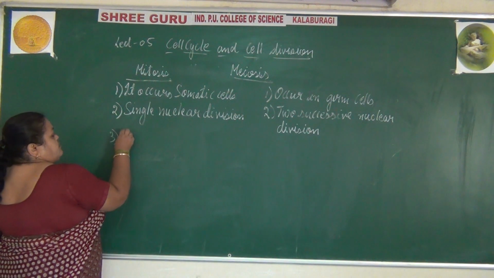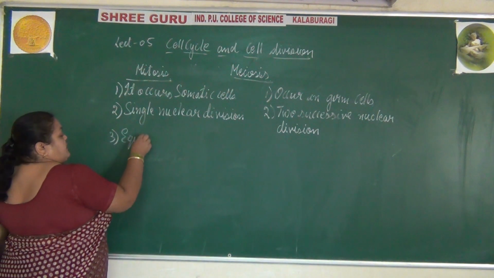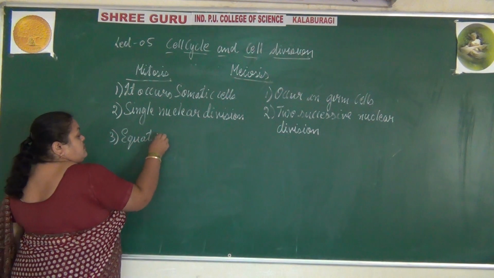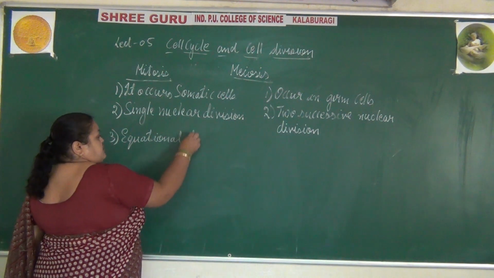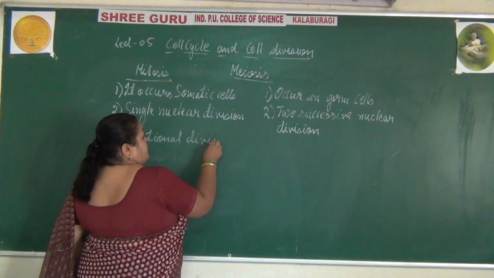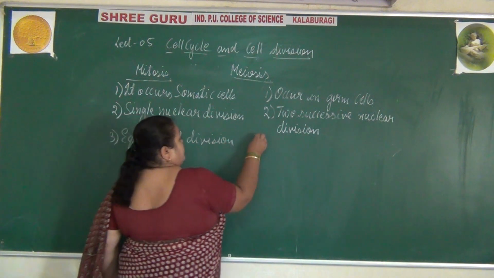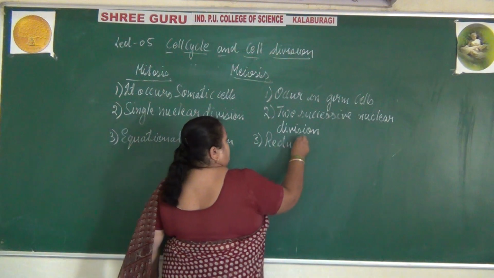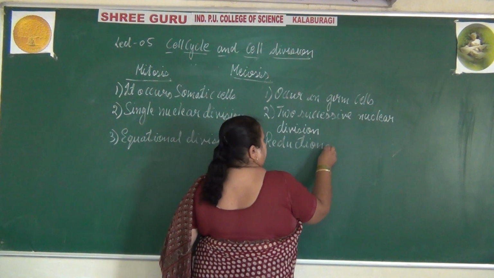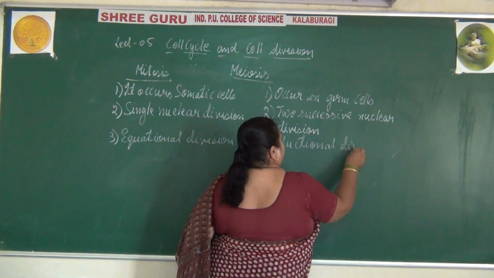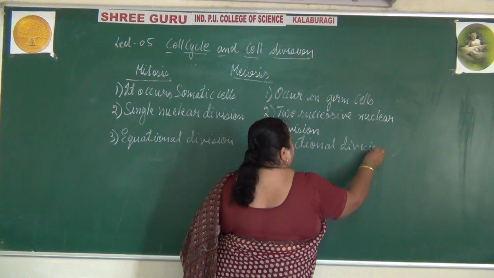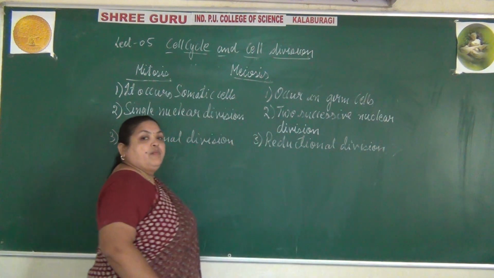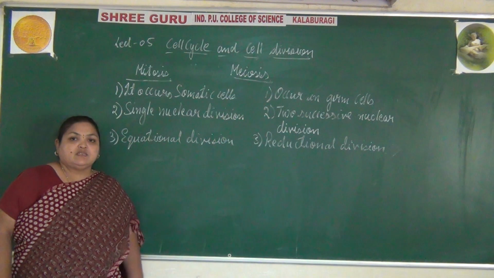This is known as equational division, while meiosis is known as reductional division. Already we know about it, what is equational and what is reductional.